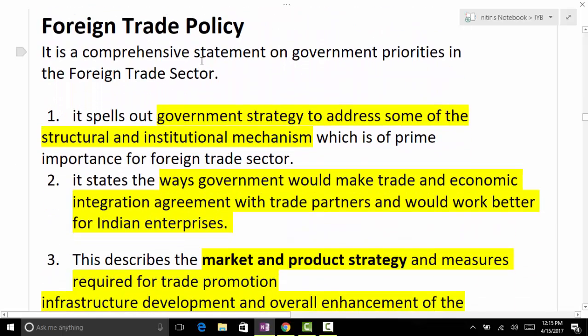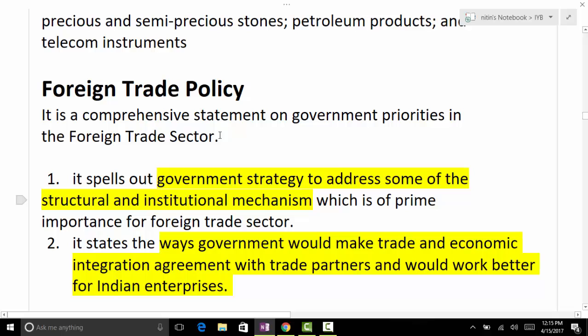Come to FTP. Now this is an important topic, foreign trade policy, for mains and PT both. So this is the most important topic of this chapter, foreign trade policy.